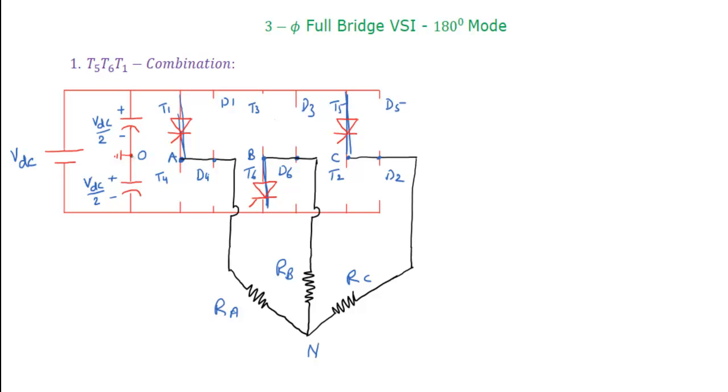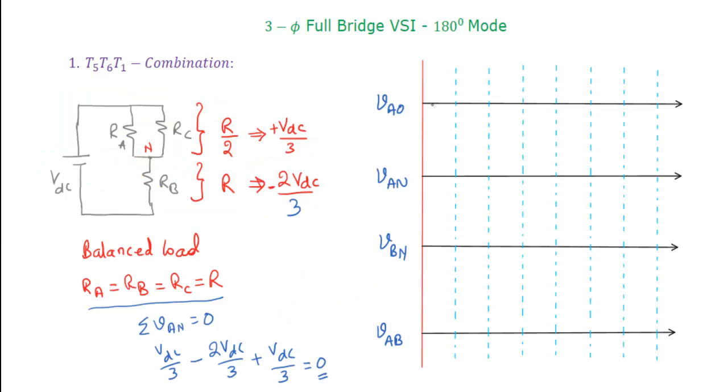The difference between this one and this one is VDC by 2, and A is connected to positive, that's why positive VDC by 2 will be the voltage for pole A. That is what we are going to draw now. For the first combination, combination 1, pole A voltage will be VDC by 2. Likewise, phase A voltage we already discussed, VDC by 3.